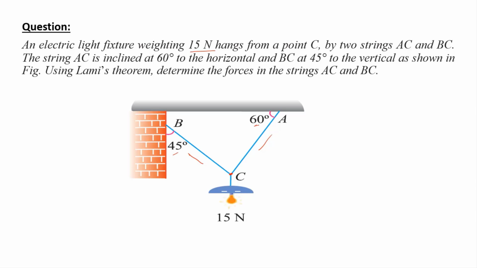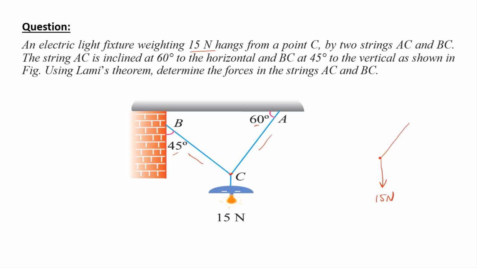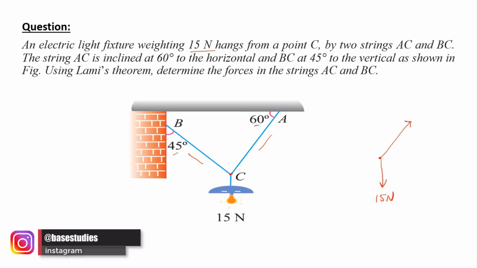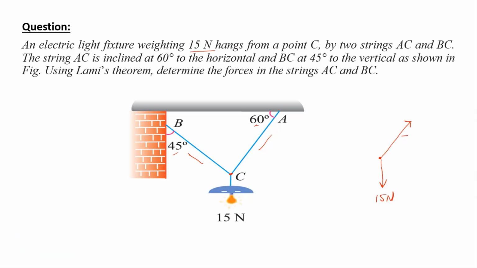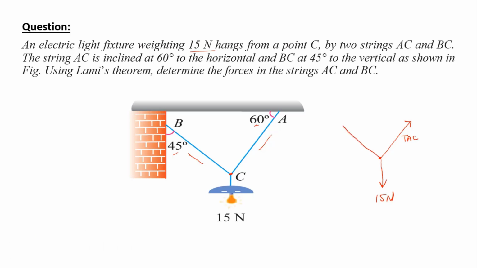Let's say this point C. One force is acting downward, which is of 15 Newton. One force is acting in this direction. Let's name it TAC, tension in the string AC. And one force is acting in this direction, let us say TBC, which means tension in the string BC.